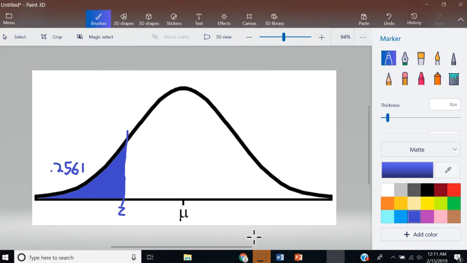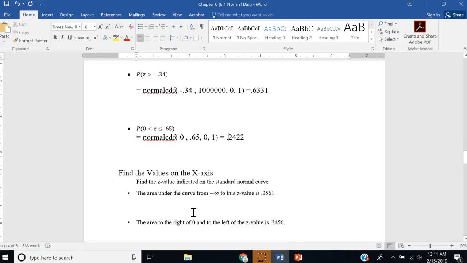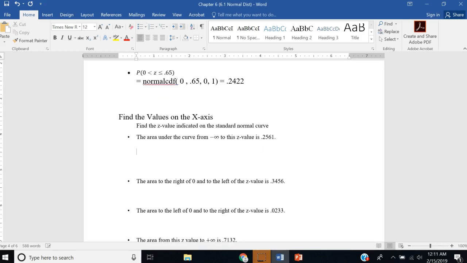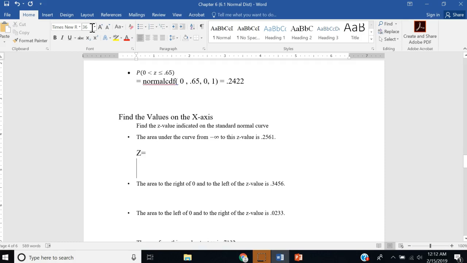Well, here's how we find the z value. We use our inverse norm function. It turns out the z value is always going to be given by this inverse norm function. Let's actually make it slightly bigger. So the z value is going to be given by inverse norm, an area, a mean, and a standard deviation.